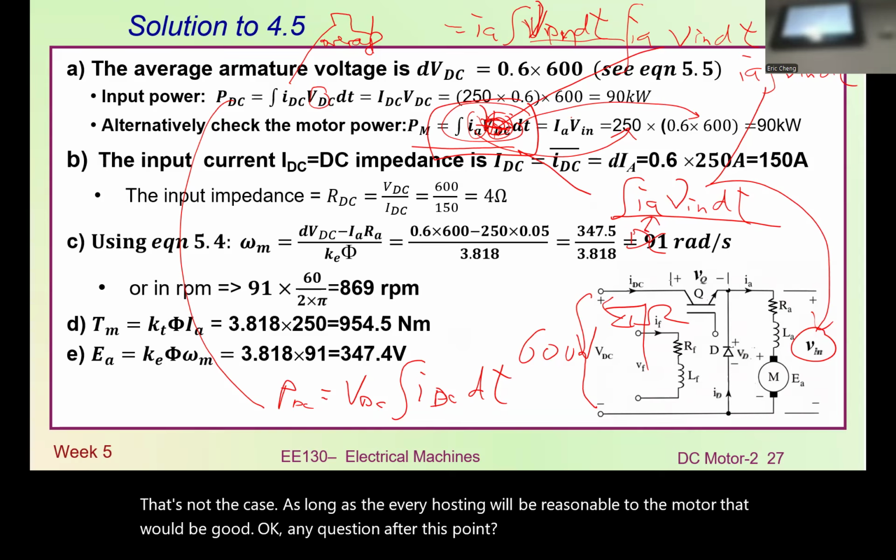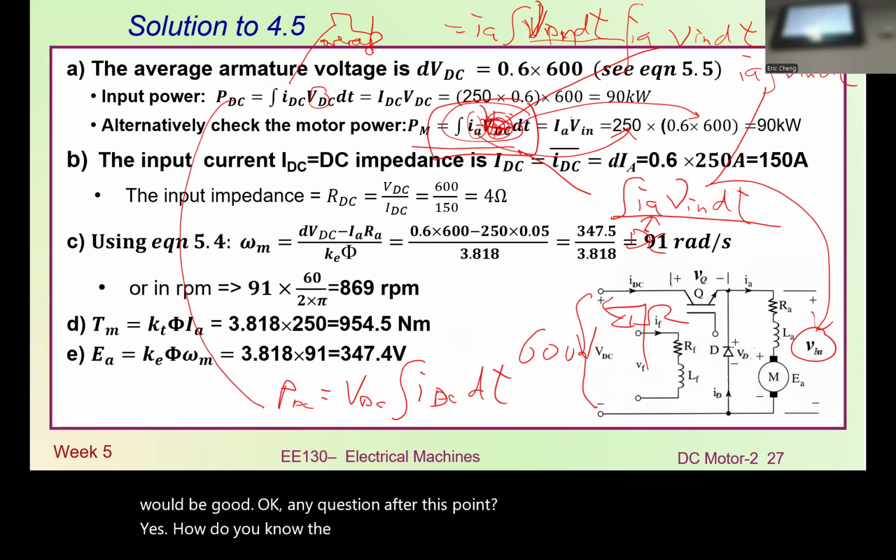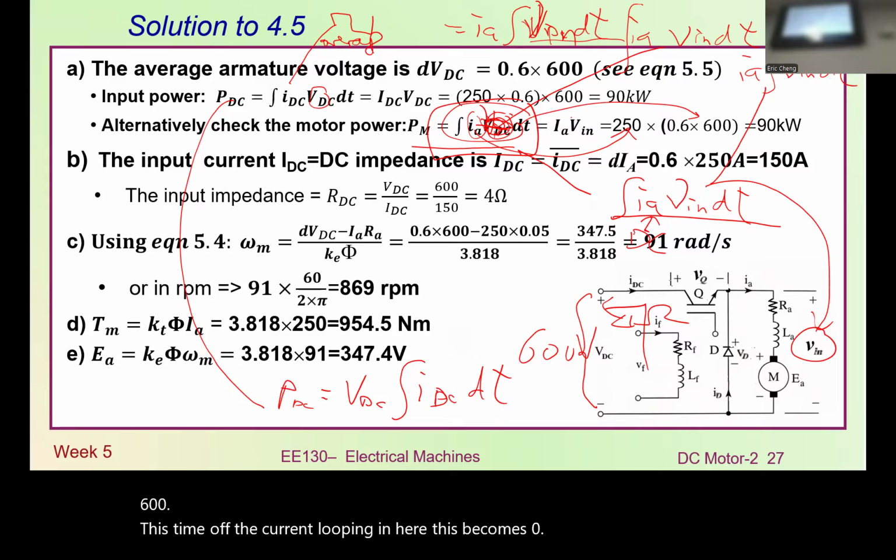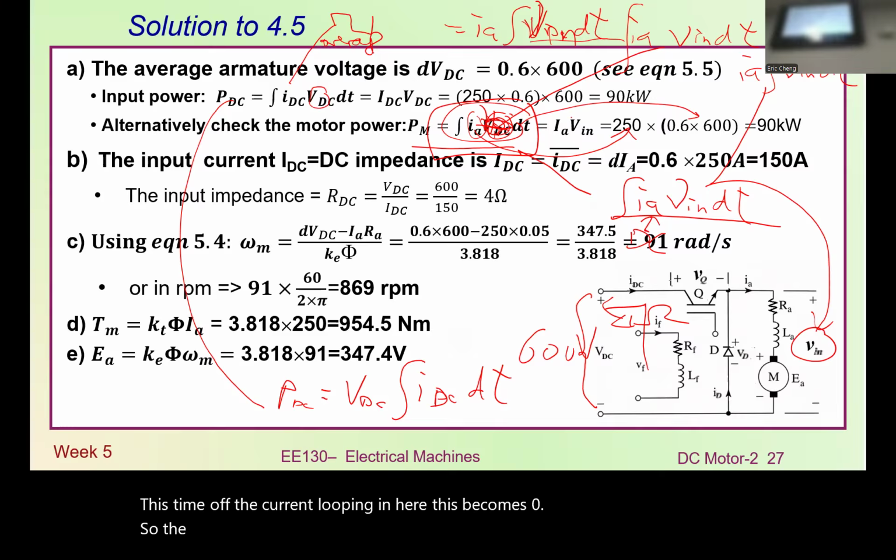Yes, about the average voltage. It depends on this transistor: when it is on, this becomes 600. When we turn it off, the current loops in here and this becomes 0. So the motor voltage across here is sometimes 600, sometimes 0.